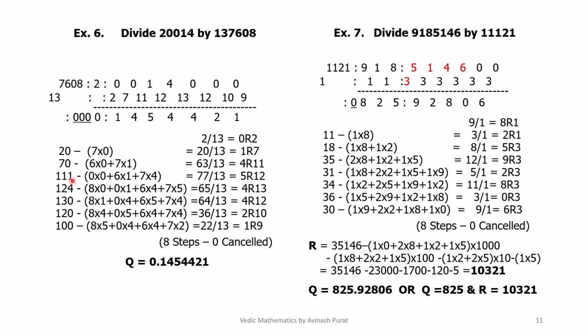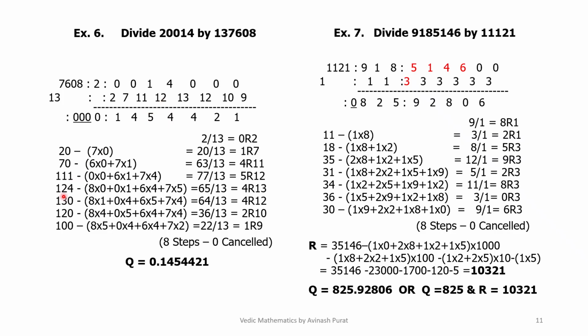Now the next dividend is 111, minus 0 into 0 plus 6 into 1 plus 7 into 4, that is 77 divided by 13. So the quotient is 5 and the remainder is 12.